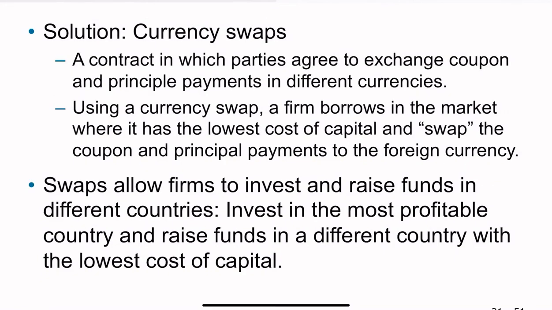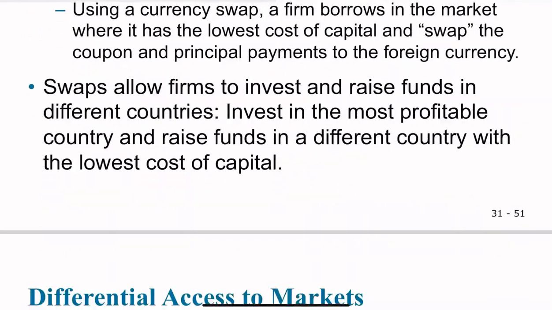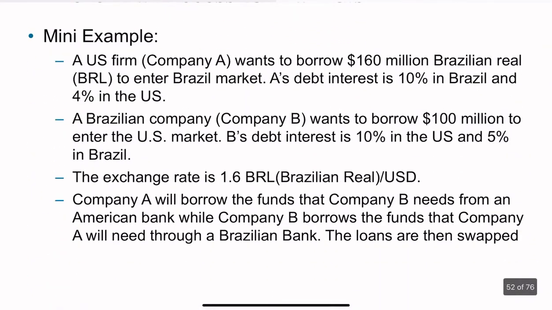Okay, let's see how currency swap exactly works. Let's see a very simple example. So we have a US firm, let's call it firm A, and it wants to borrow $160 million of Brazilian real, BRL, to enter the Brazil market.